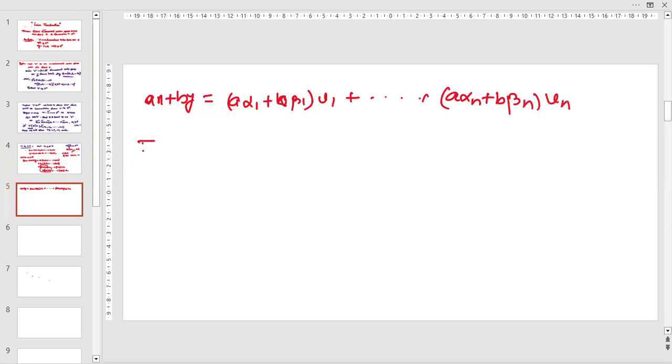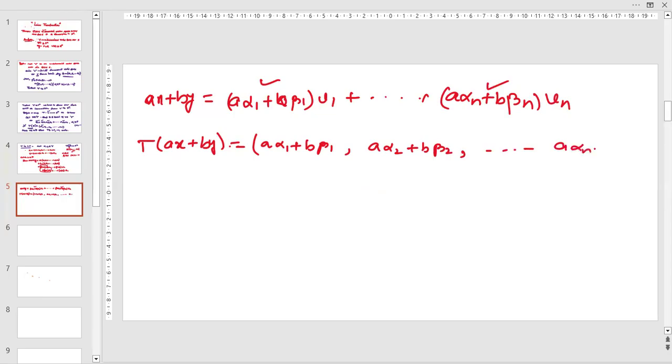Now apply T of ax plus by. Let us see what happens. Applying this, these all become tuples: (a alpha 1 plus b beta 1, a alpha 2 plus b beta 2, so on to a alpha n plus b beta n). Fine. This is what we are getting.